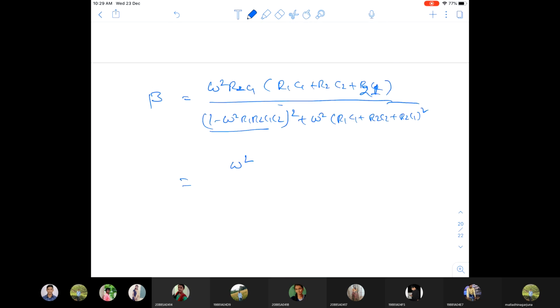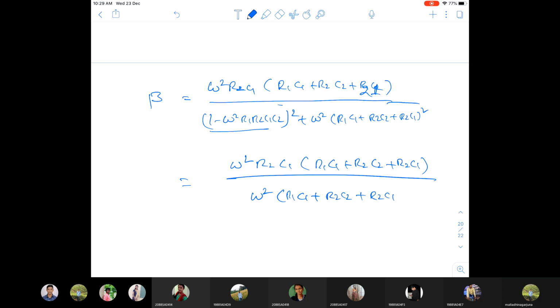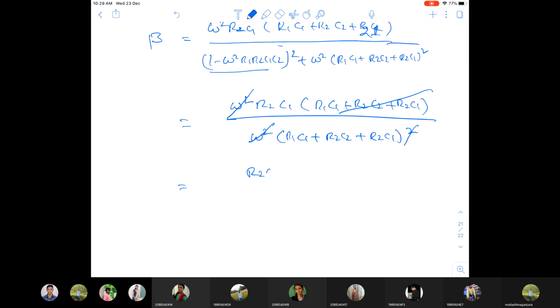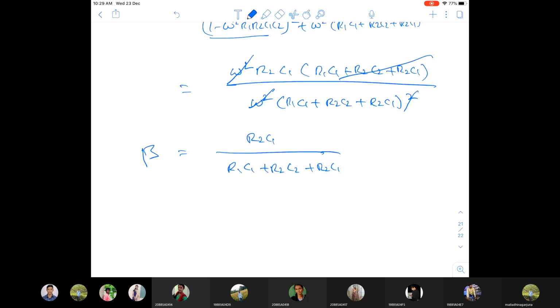So you rewrite R1 omega square into R2 C1 by R1 C1 plus R2 C2 plus R2 C1, divided by omega square into (R1 C1 plus R2 C2 plus R2 C1) whole square. So omega square makes the scale one term and the square cancels. The remaining term will be R2 C1 by R1 C1 plus R2 C2 plus R2 C1. This is the beta value.